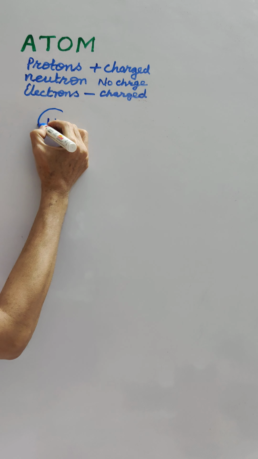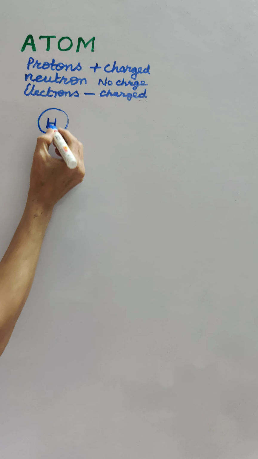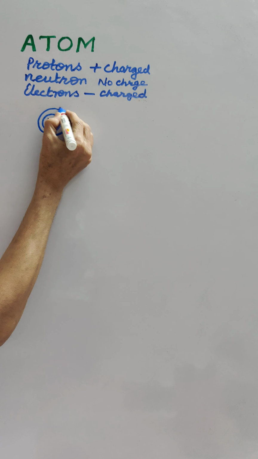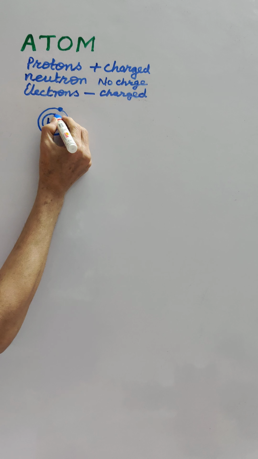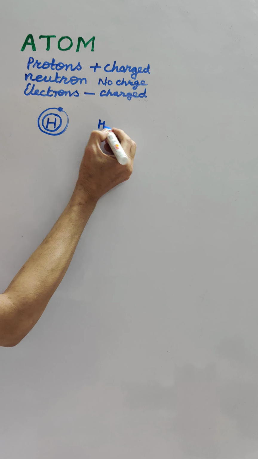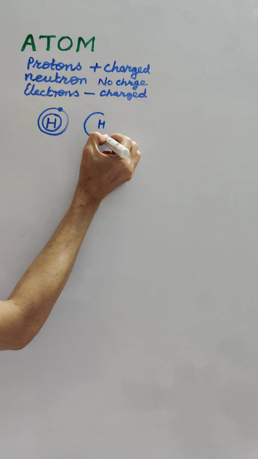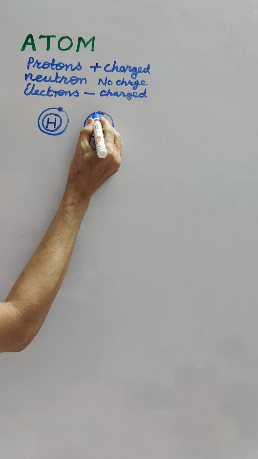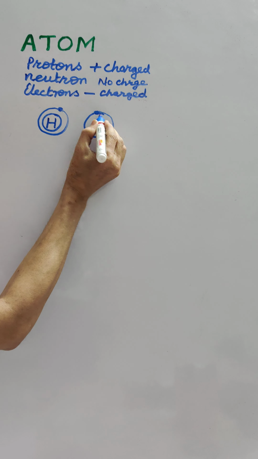In hydrogen, there is one orbit only. This is the nucleus of the hydrogen, and this is one orbit with only one electron. Another hydrogen also has one electron.